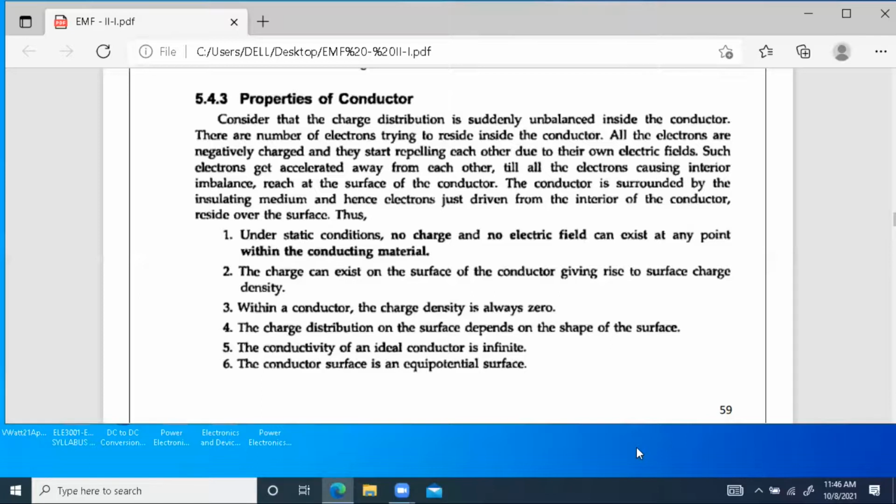So when we did the Gaussian surface, there was no charge enclosed. You remember?